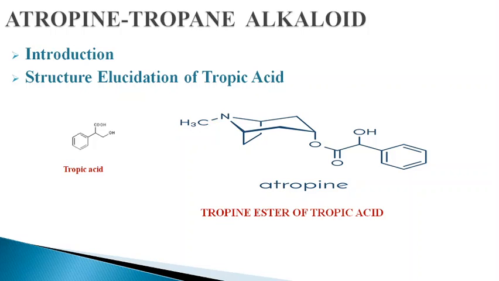Atropine belongs to the class of tropane alkaloids. In this lecture we will deal with the introduction of atropine and the structure elucidation of tropic acid, which is a part of atropine. As you can see from the structure of atropine, it is the tropine ester of tropic acid.